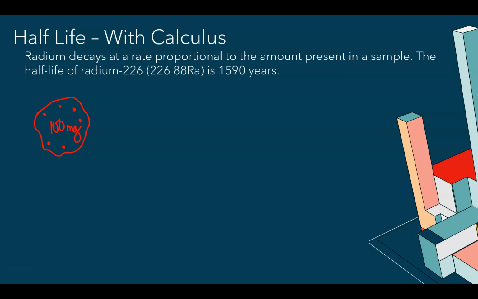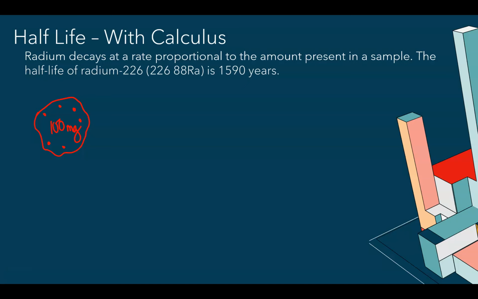However, if you have a whole bunch of them together, and if you know how much a milligram is compared to a mole, that's actually a lot. So if you have 100 milligrams, the chance that one out of those billions, trillions, quadrillions, who knows how many, of atoms is going to decay is actually reasonably high.